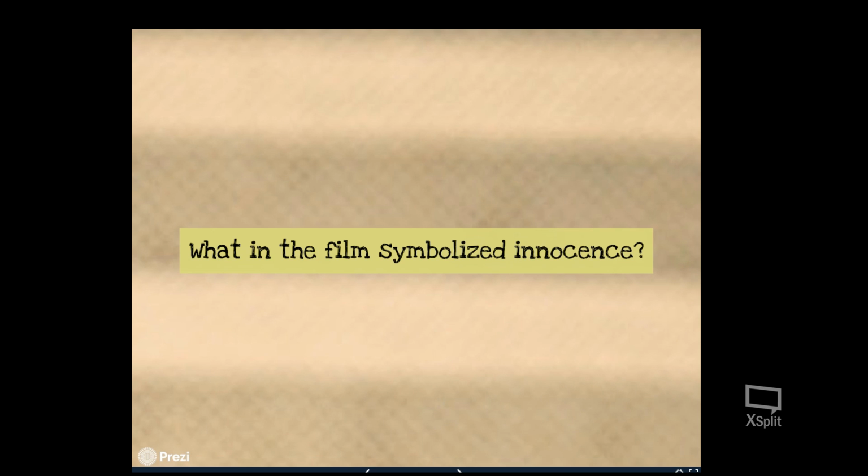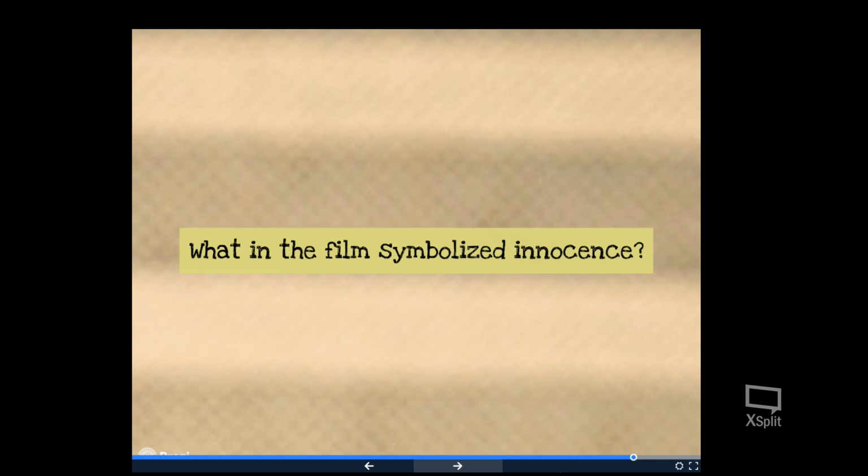The snow, it's white, it's pure, it's innocent. The doll in the window symbolizes back to childhood, which we normally think of as an innocent time. And the flashback, she's thinking back, that's an innocent thing as well, something sweet, something tender. All of those things lead up to something tangible that we can see, symbolizing innocence.